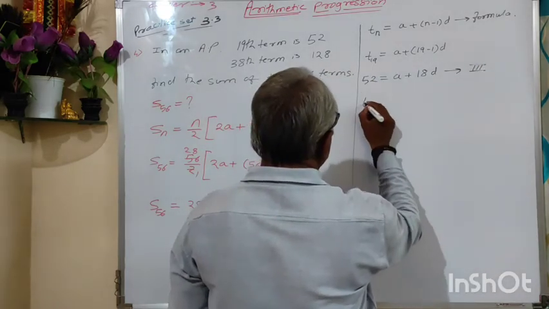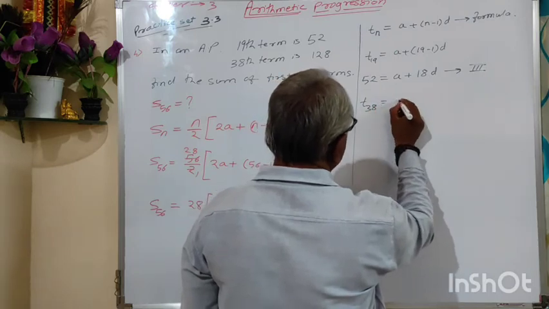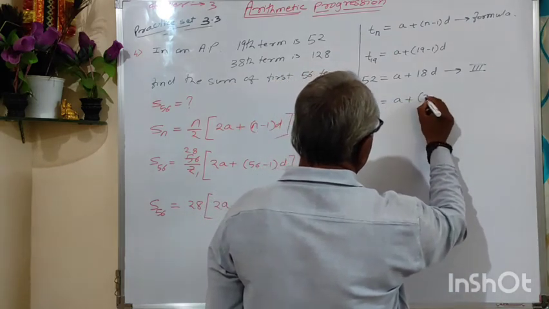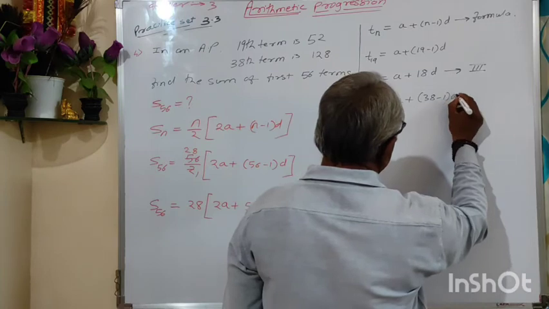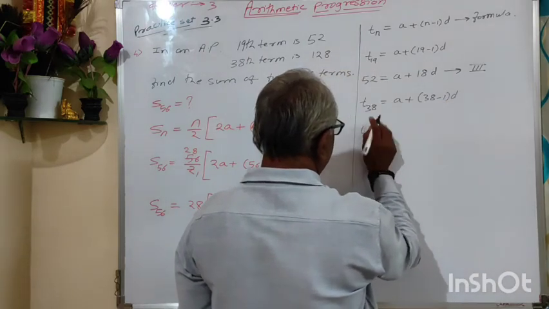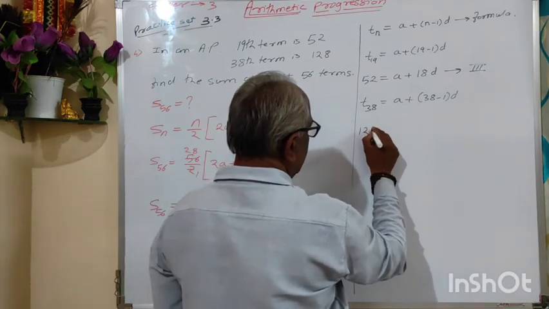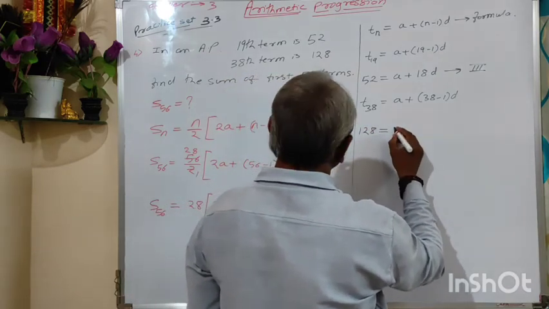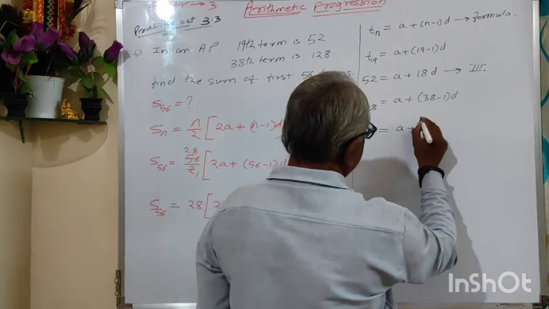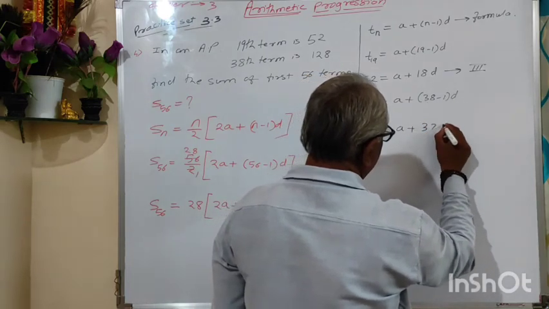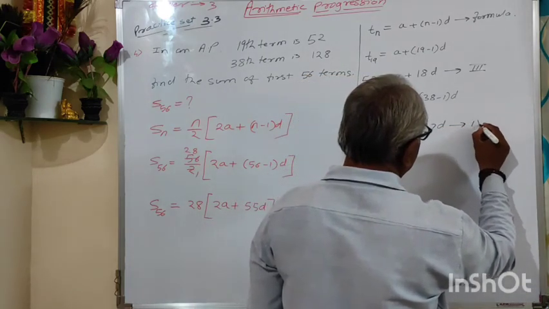Now T38 is equal to A plus in bracket 38 minus 1 into D. So T38 is given as 128, which is equal to A plus 38 minus 1 is 37D. This is equation number 4.